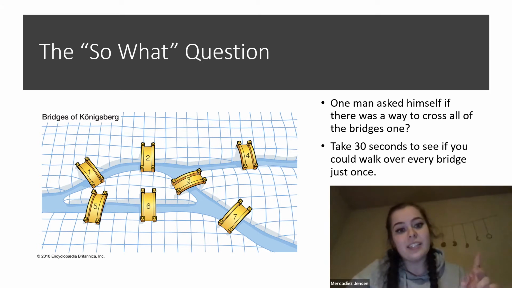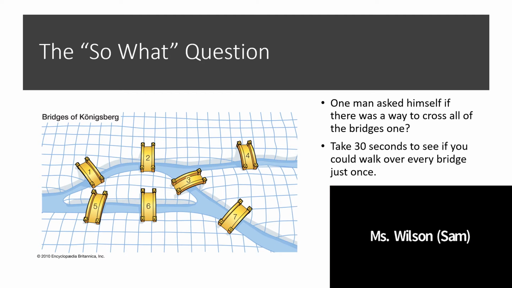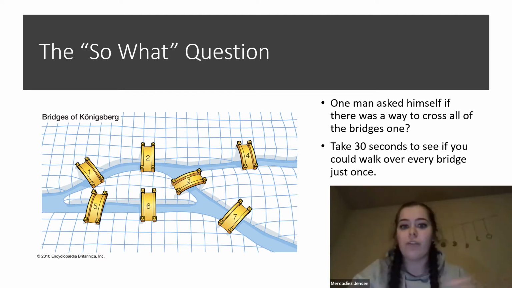this man decided that he was going to try to cross every bridge between the 4 land masses only once. How is he going to do this? Take 30 seconds to see if you could walk over every bridge only once.